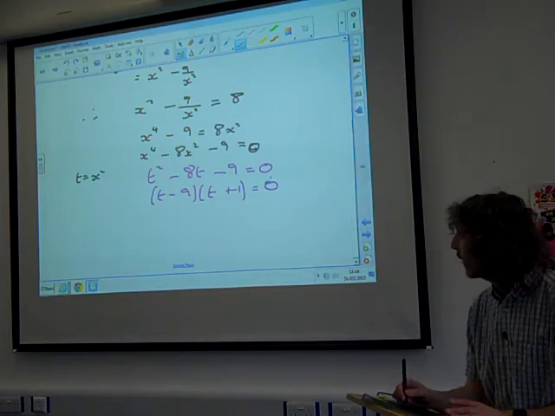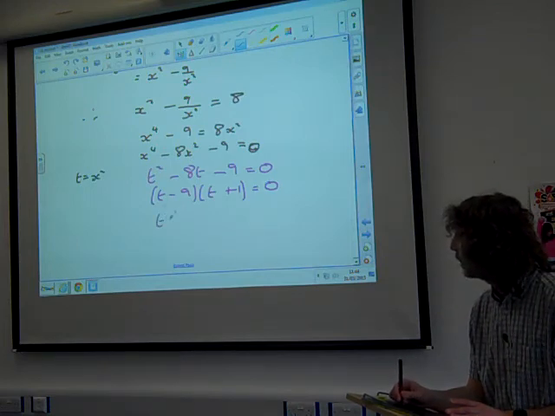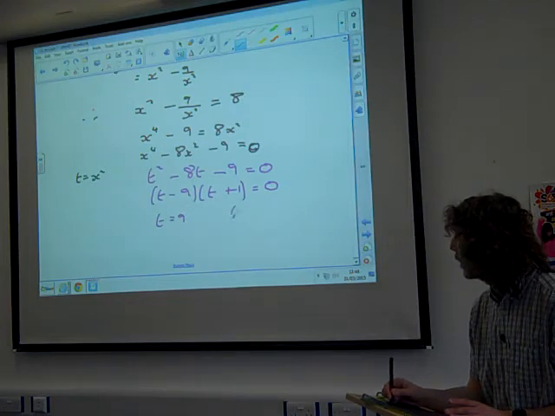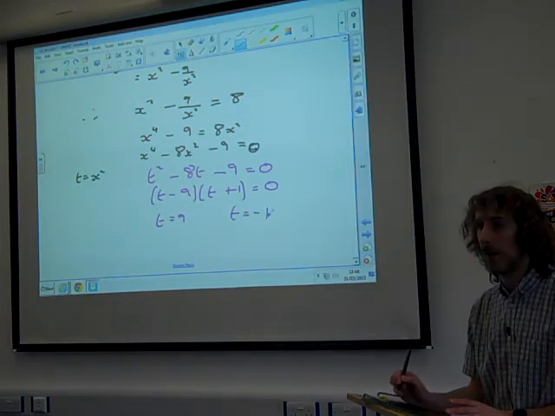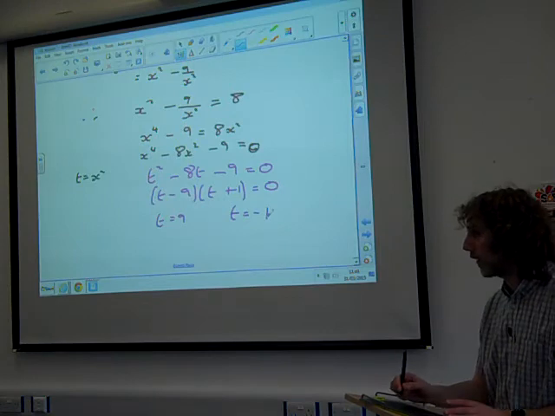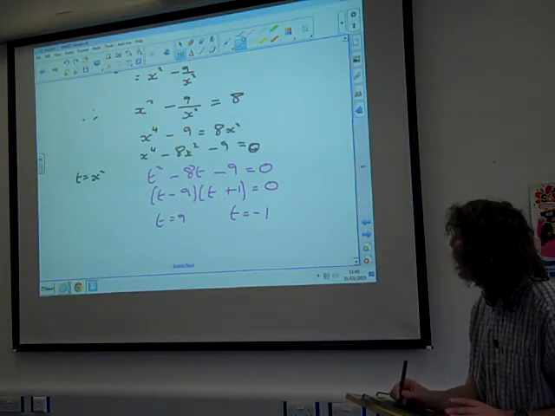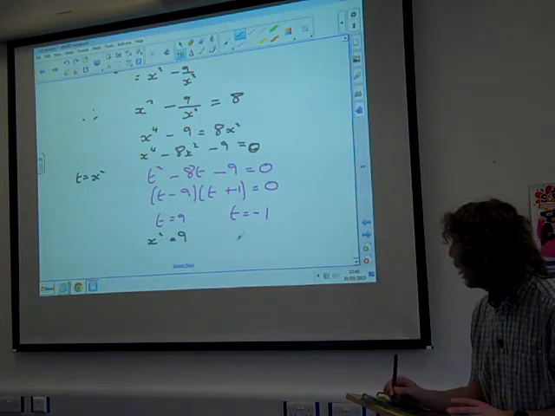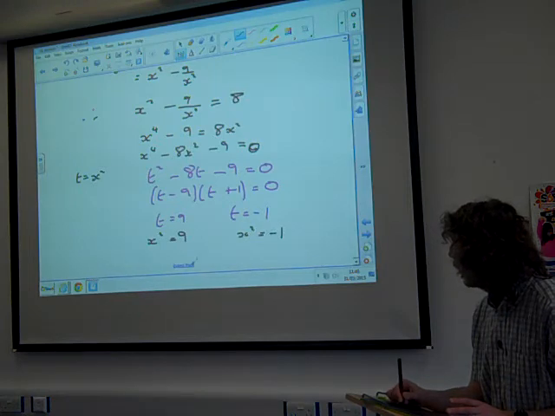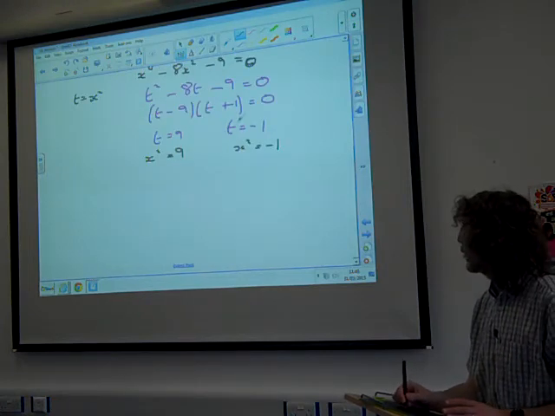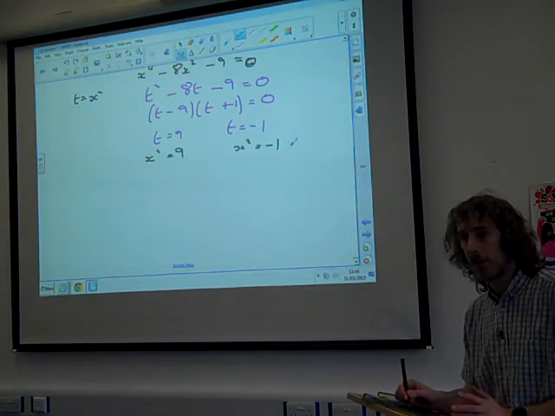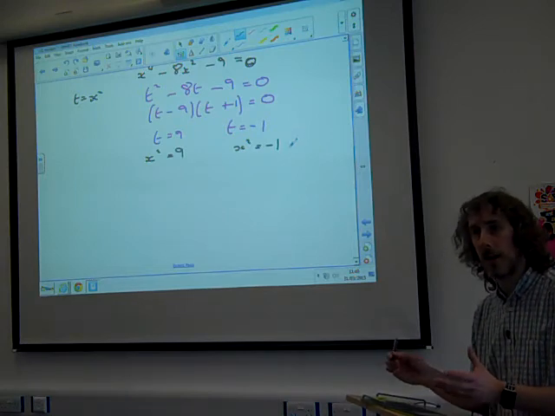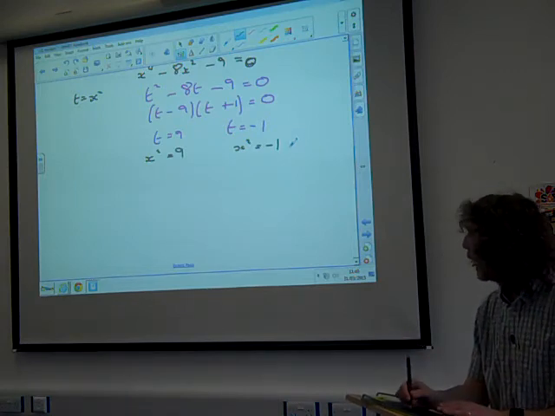And so we've got that t equals 9, t equals minus 1. But then if we have done a substitution, we undo the substitution and go back to saying that really means that x squared equals 9 and x squared equals minus 1. Well, over here we know that x squared equals minus 1 has no real roots. There are no values of x such that you could square it and get minus 1.